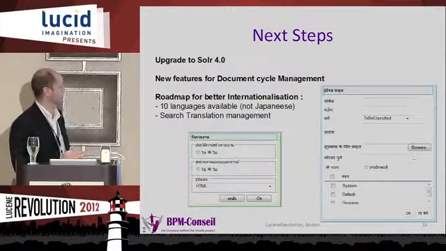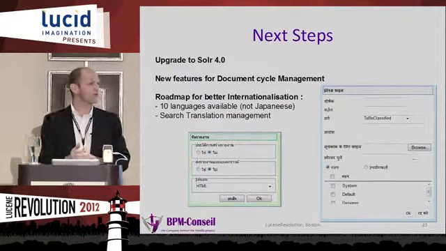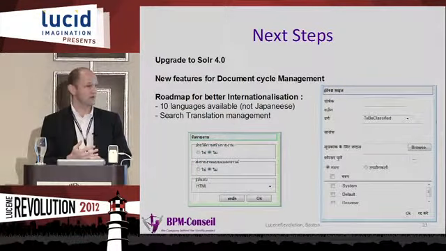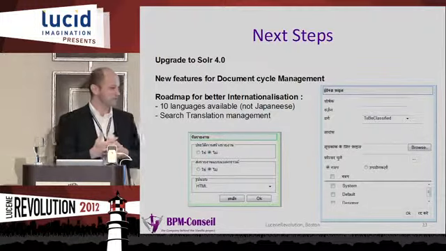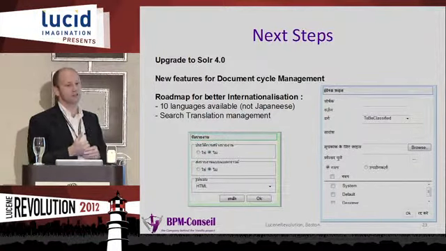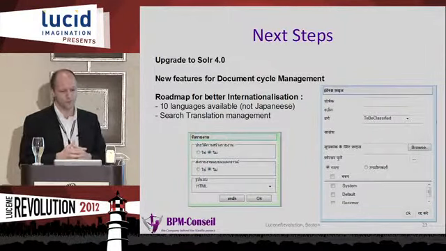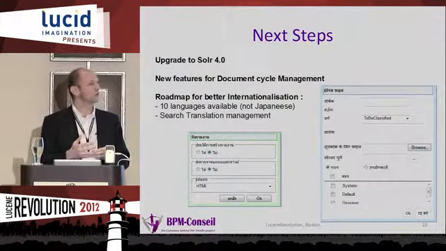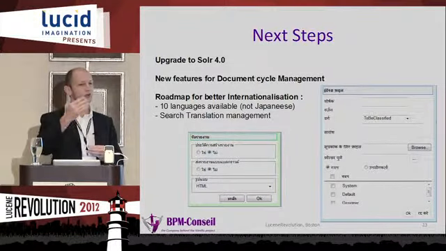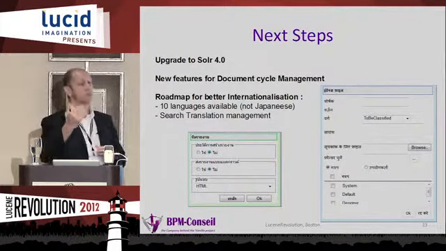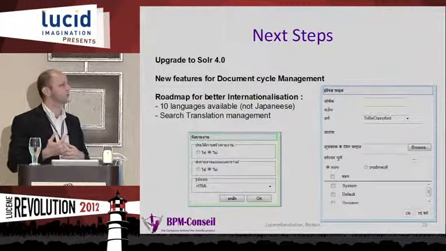Next step for us, an upgrade to Solr 4 when it's available. To be honest with you, there are many things, but I would say there is one important thing. We are on Solr 3.5, 3.4, 3.5, I don't remember. There is something important: moving to 3.6. Because in 3.6 you've got internationalization, Japanese for example. And for us, it's very important.